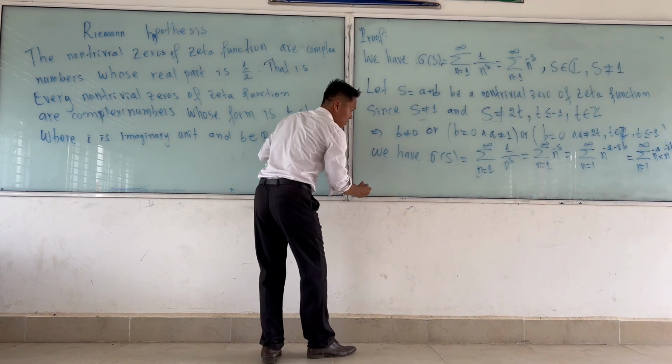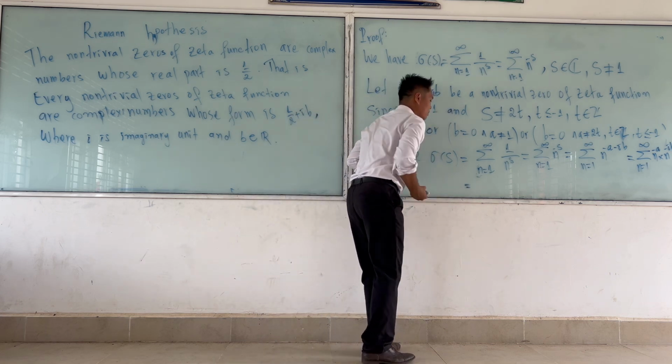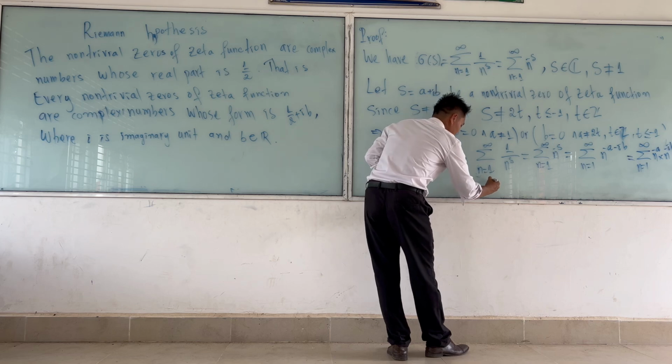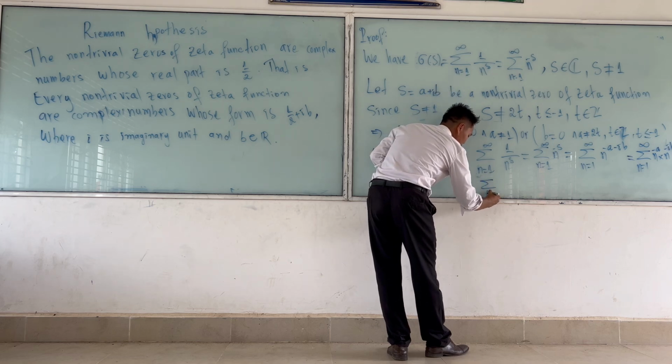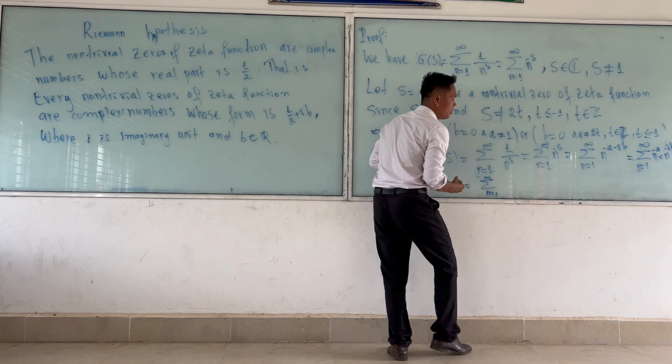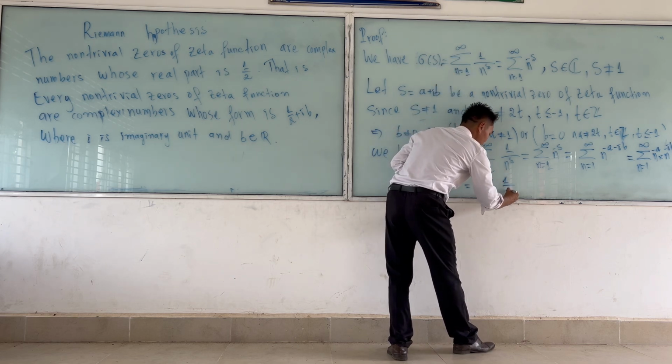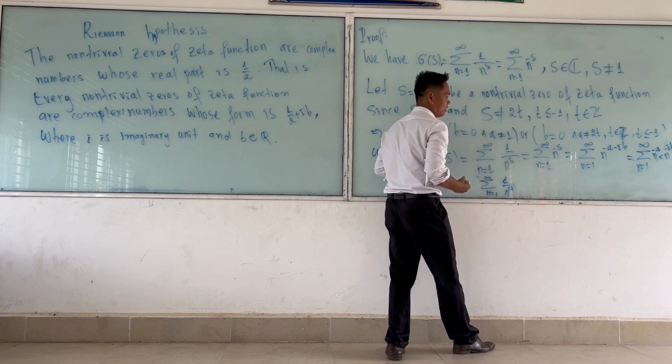So it continues here. It's equal to what? Here I can say sigma n from 1 to plus infinity, and then n power negative a, I get 1 over n power a, like this.